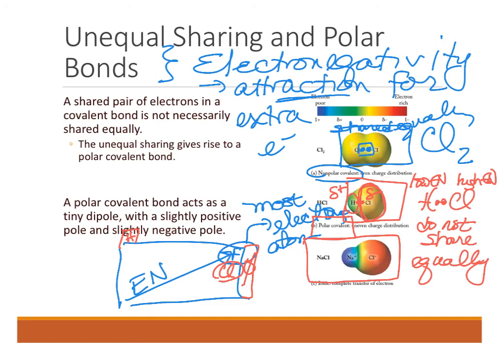Now, when the electronegativity difference is huge, okay, when there's a real big gap between electronegativity. For example, when you're talking about a metal, metals have very, very low electronegativity.